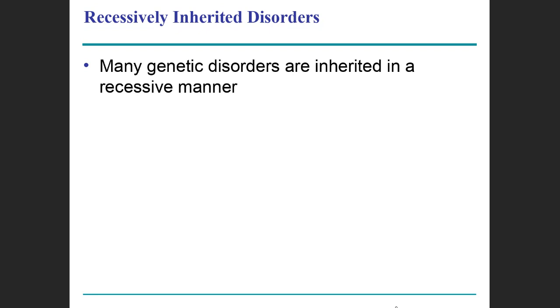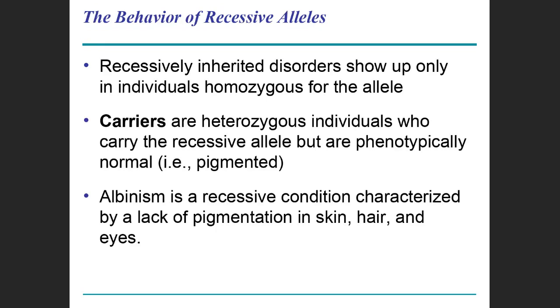If you mate with someone who's also a carrier, then there's a chance that your child can have that disease condition and die. So you only see the recessive characteristic, that genetic disorder, if you're homozygous recessive. If you're heterozygous, you're phenotypically normal, but you are a carrier. So you have the chance of passing on that trait to your offspring.